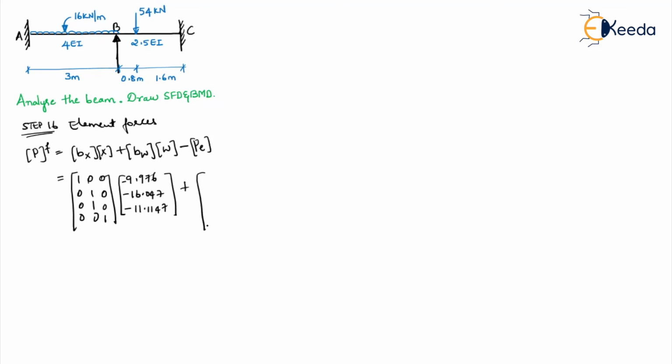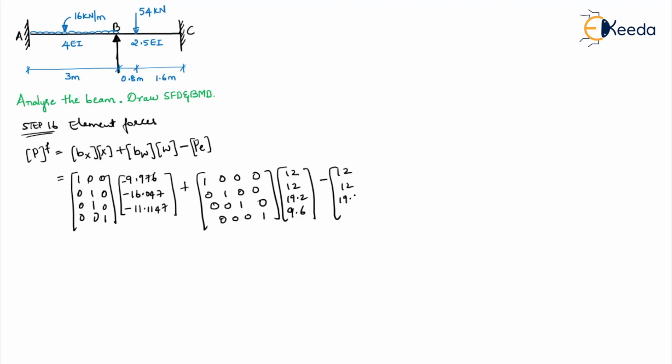Plus the Bw is an identity matrix, right, into your W. So your W is 12, 12, 19.2 and 9.6, minus your PE, which is also the same, 12, 12, 19.2 and 9.6.